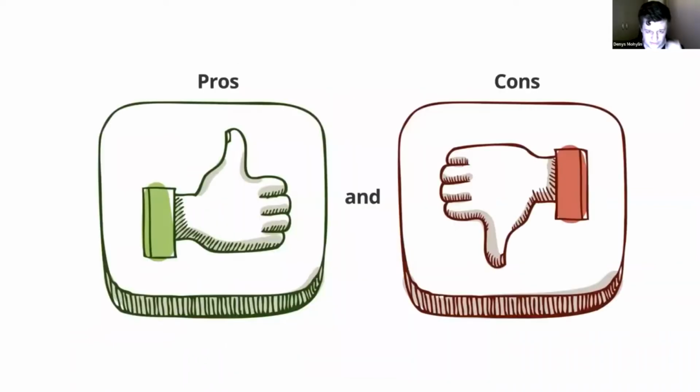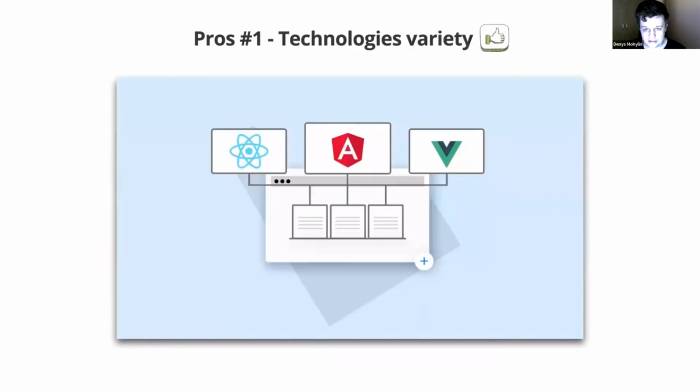But when we are talking about the pros and cons of your project, let's start with the pros, why you can use Micro Frontend, starting from the most important cases to the cases that are not so important. And the first one is technology variety.